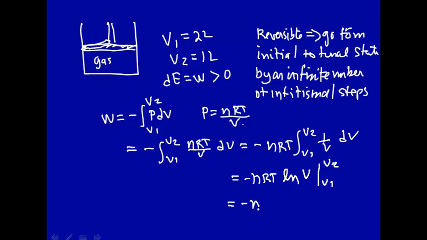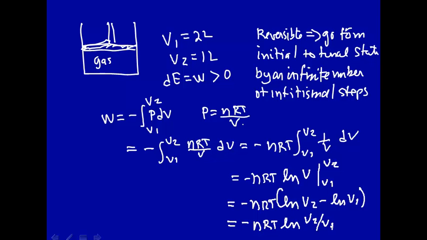This will be minus nRT, natural log of V2 minus ln of V1, or it can be written more precisely as minus nRT times the natural log of the final volume V2 over the initial volume V1. So this is how you calculate work for reversible expansion of an ideal gas: minus nRT, natural log of final volume over initial volume.